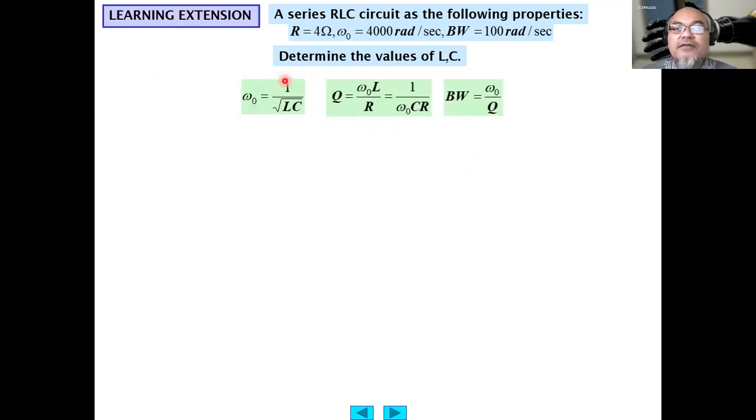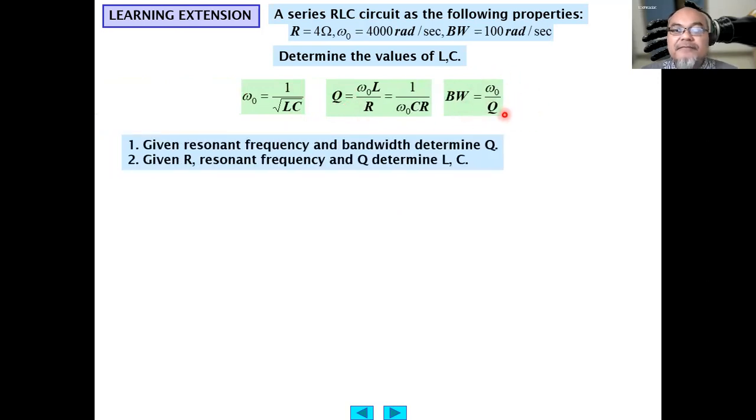So first, we calculate the quality factor, Q, from this formula. Given resonant frequency and bandwidth, we determine the Q. After that, given the R, we can determine the L based on the formula of quality factor. And we know Q, we know R, so we can calculate also the capacitance. And those are the steps.